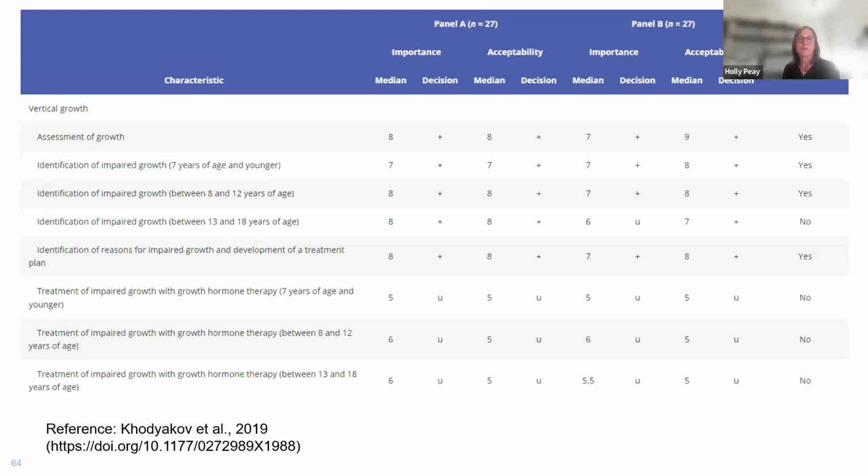There were 2 panels, so we have scores for importance and acceptability for each panel. And then there was a final determination about whether each of these recommendations were patient-centered based on those inputs. So that's in that final category. So again, trying to make this a little bit concrete for you all about how this process is used.